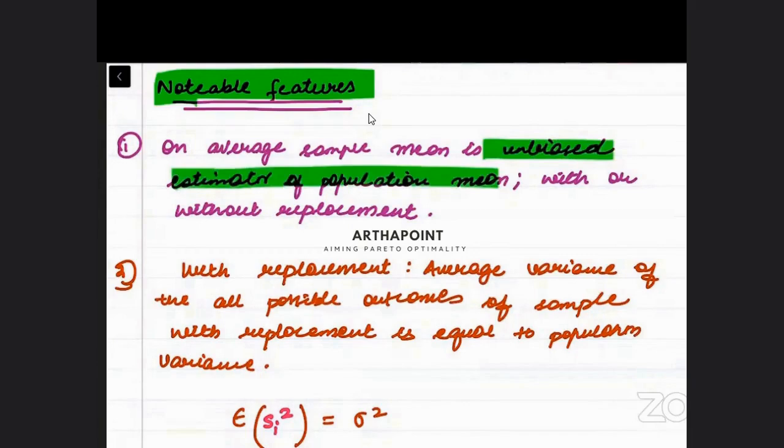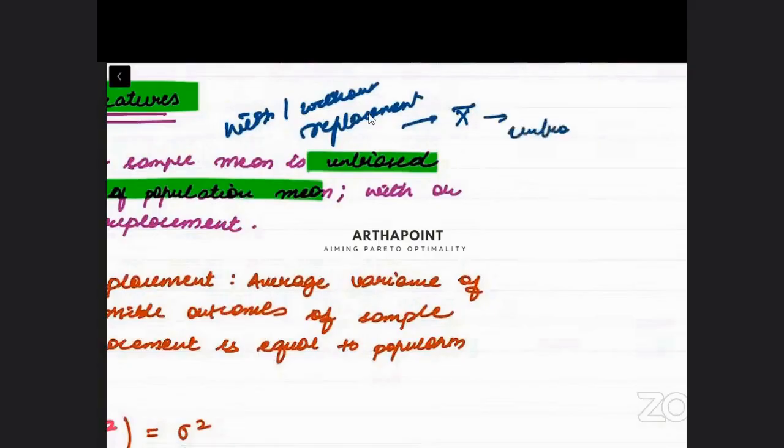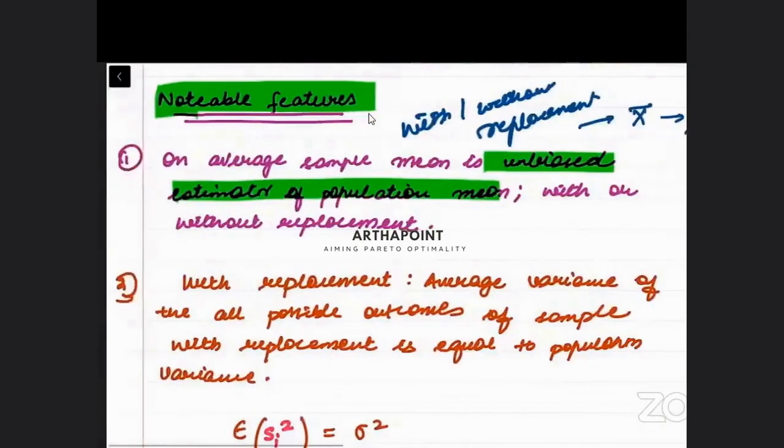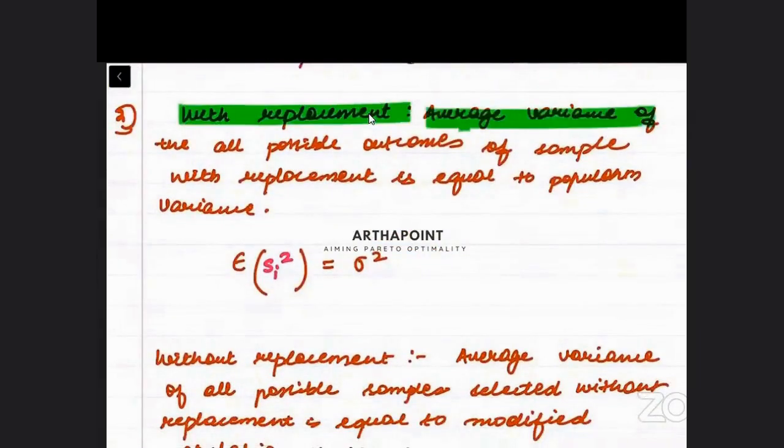Please make a note, with or without replacement, the sample mean that you find is an unbiased estimator of the population mean. Second part, with replacement, the average variance of all possible outcomes of the sample is sigma square.